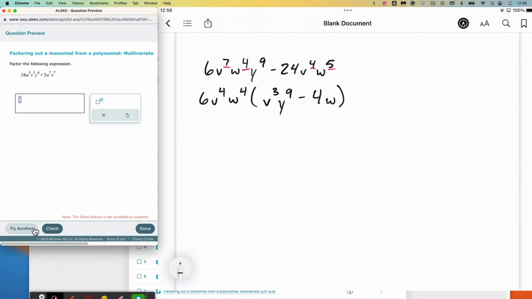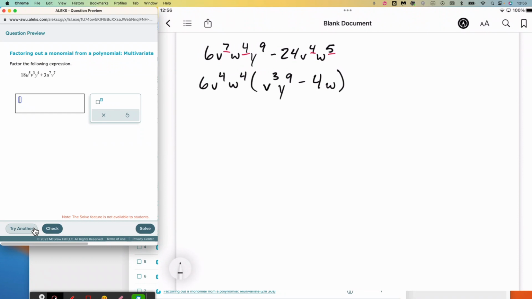We have 18u to the 5th v to the 3rd y to the 4th plus 3u to the 7th v to the 7th. And so greatest common factor here, we have 3.